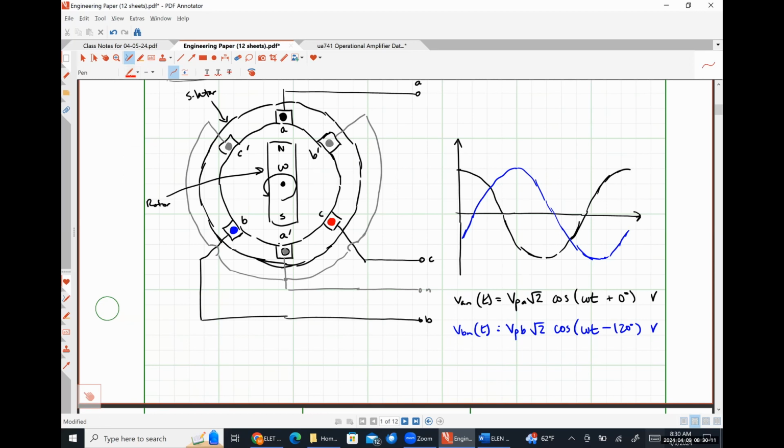And the red, or the C phase, which is in red, is going to lag the B phase by another 120 degrees because of the physical 120 degree phase separation between that coil, right? So that would mean that it should hit its peak about right here.